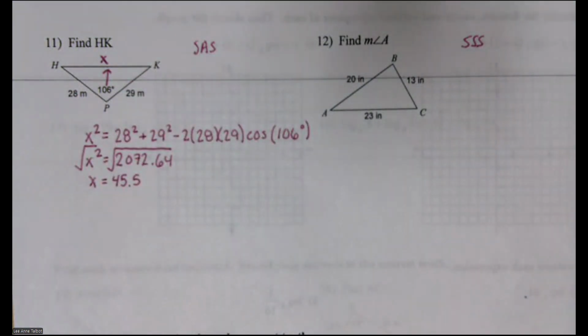Okay, now someone, I think it was my fourth period yesterday, said, hey, Mrs. Talbot, isn't that supposed to be plus or minus? Because I drilled it in your head that every time you square root both sides, it's supposed to be plus or minus. And it's true, except that these are geometry problems. You're not going to have a negative side of a triangle. So when you're doing geometry problems, you don't have to worry about the plus or minus.